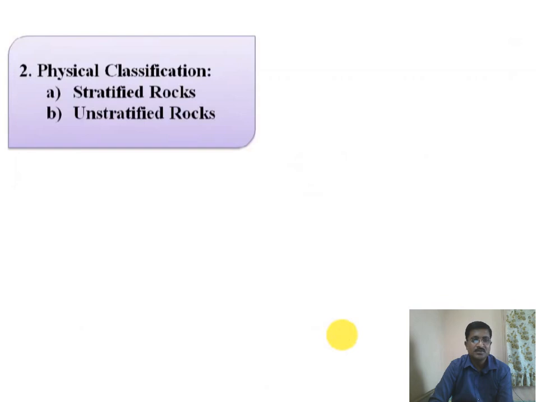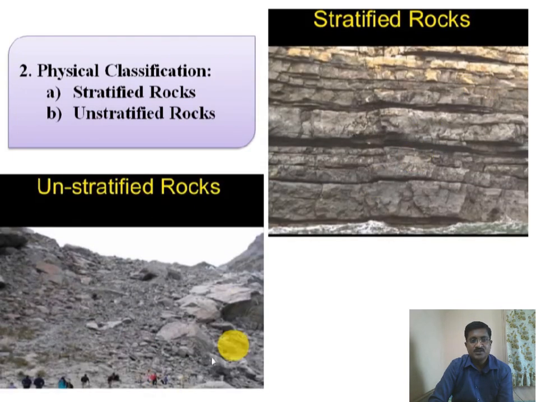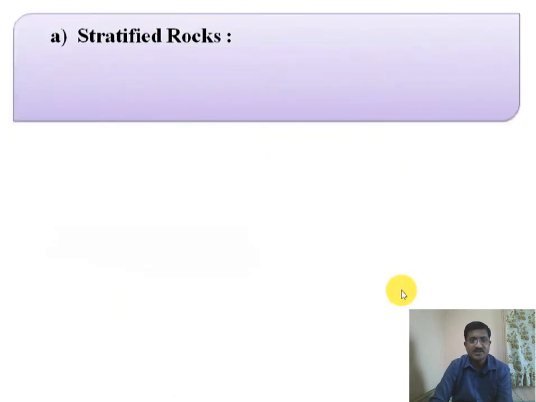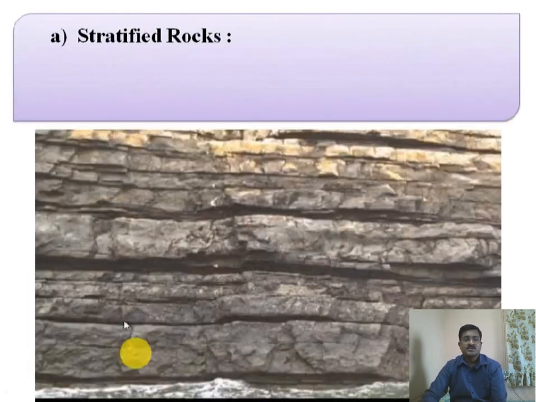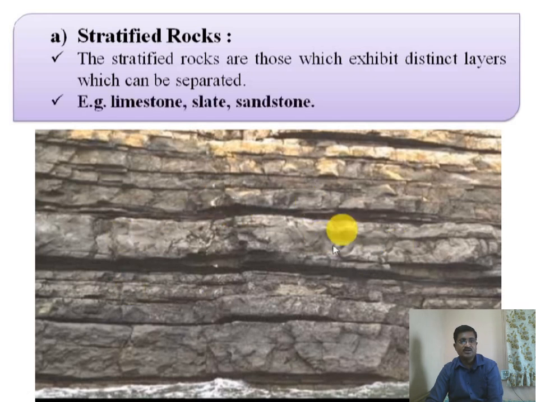In the physical classification, there are stratified rocks and unstratified rocks. You can see that stratified rocks have a definite structure with discrete layers. You can see the picture of a stratified rock. Stratified rocks are those which exhibit distinct layers which can be separated, for example limestone, slate, sandstone.